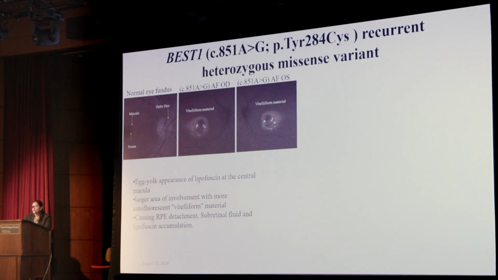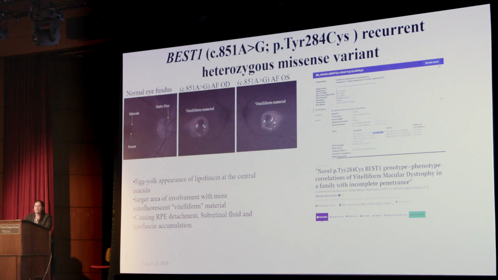This is the subject we have at CHLA, and we see the very characteristic features of BEST1, with bilateral fundus image changes, accumulation of egg yolk-like lipofuscin, and in this particular variant, there is a large involvement of the macula.